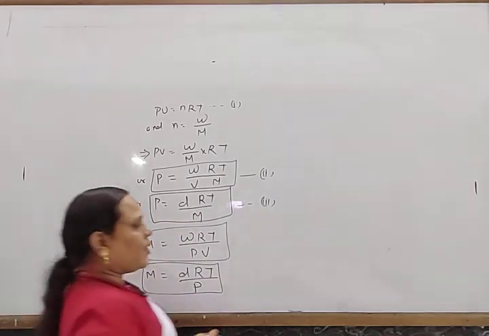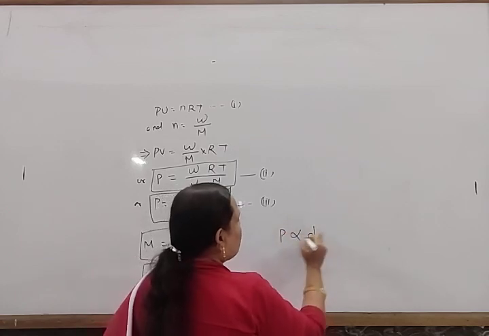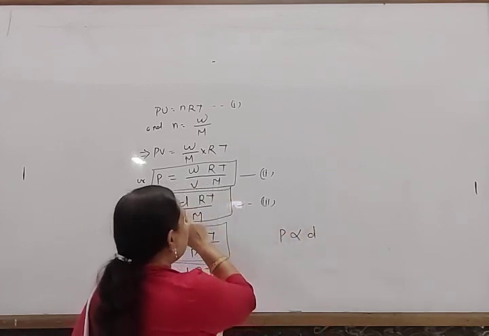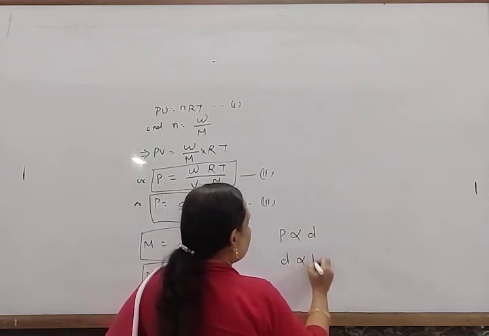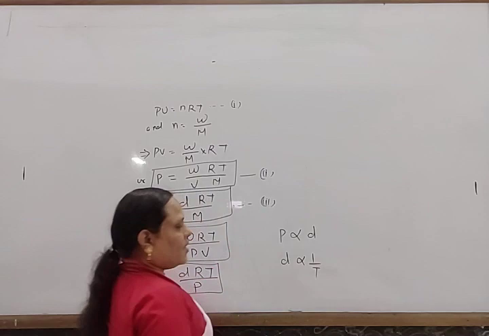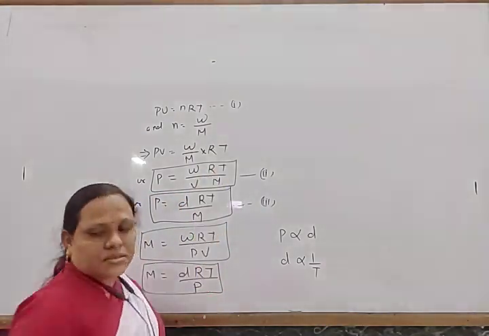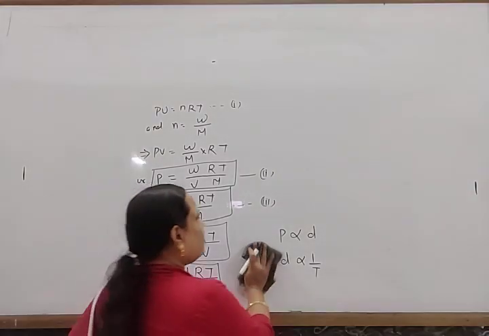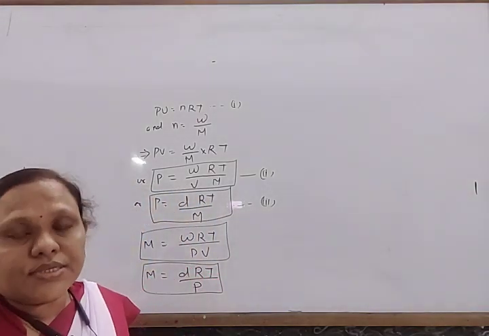So P is directly proportional to density, and D is inversely proportional to temperature. There are different types of relations depending upon the conditions. We can determine the different forms of the ideal gas equation.